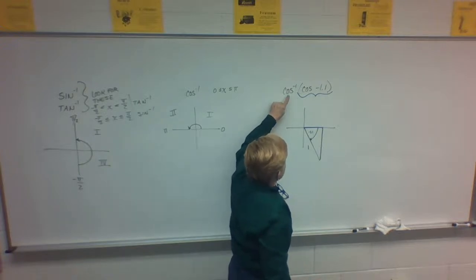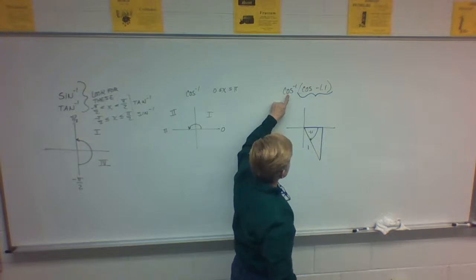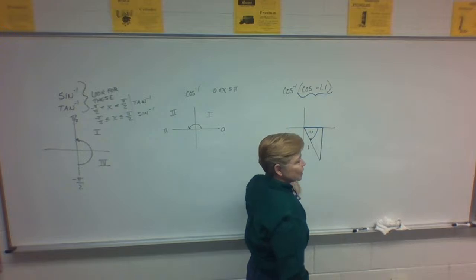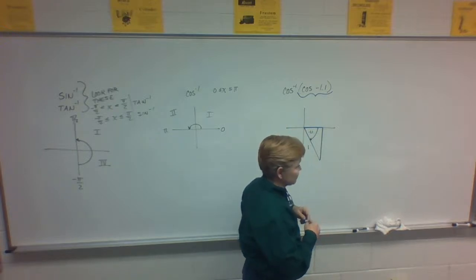So what we're asking now is, what angle do I know of? Because now we're inversing, we have to reverse our thinking. What angle do I know of whose cosine is this in the first or second quadrant? Not negative.